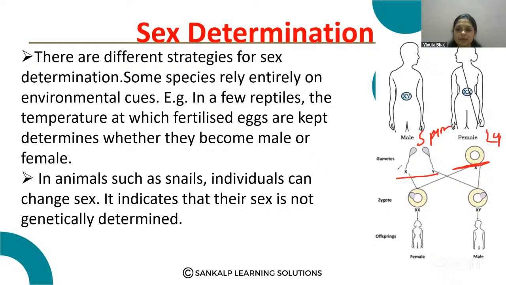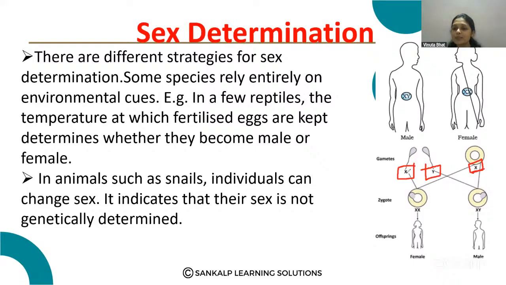The sperm either contains X chromosome or Y chromosome. Okay, any one chromosome may be present in the sperms, and the egg always contains X chromosome. So see here, the sperm from the male may contain X chromosome or Y chromosome. Egg always contains X chromosome.